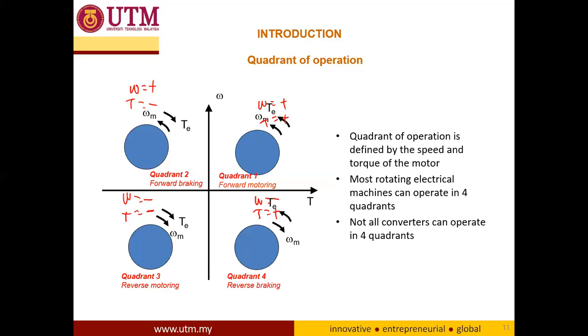That's why we refer to the DC motor and AC motor also as a DC machine and AC machine. All machines can operate in 4 quadrants, but the limitation is on the power electronics converter, the electrical circuit. Some converters, for example the rectifier, cannot operate in all quadrants. So the limitation is on the circuit, not the motor.